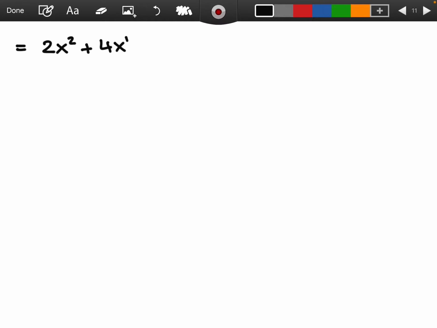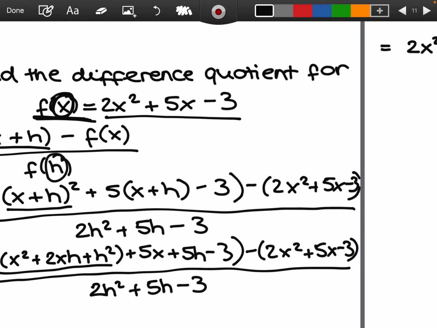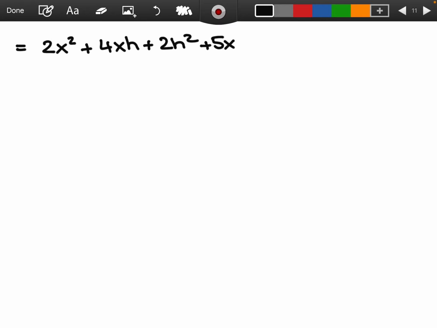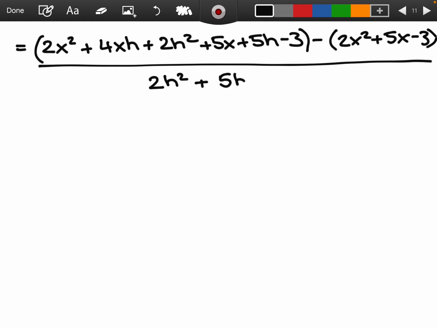So that's going to give me 2x squared plus 4xh plus 2h squared plus 5x plus 5h minus 3, minus 2x squared plus 5x minus 3, divided by 2h squared plus 5h minus 3.